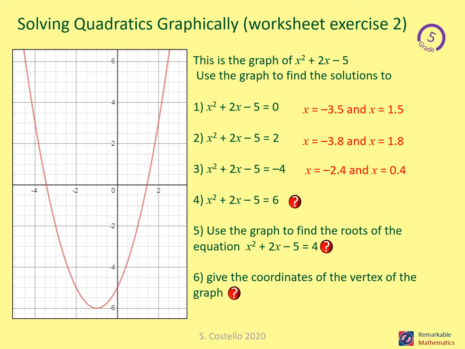Question 4, we have x equals minus 4.5 and x equals 2.5. Question 5, it's the same question, it's worded differently. It is x equals minus 4.2 and x equals 2.2. Give coordinates to the vertex of the graph: minus 1, minus 6.